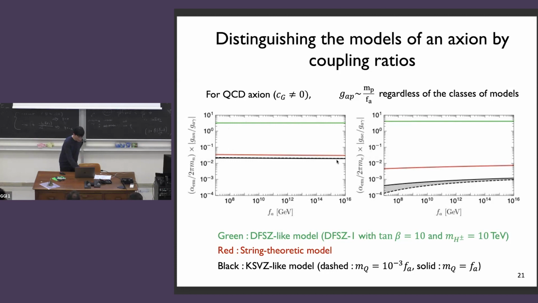But to completely distinguish among these three classes of UV physics, we have to look at axion electron coupling. And if the relative sign is positive, then we have this gap. But if the opposite sign is correct, then this gap should shrink, and it will be difficult to distinguish the string theory models. But at our best, we believe that this result is correct.